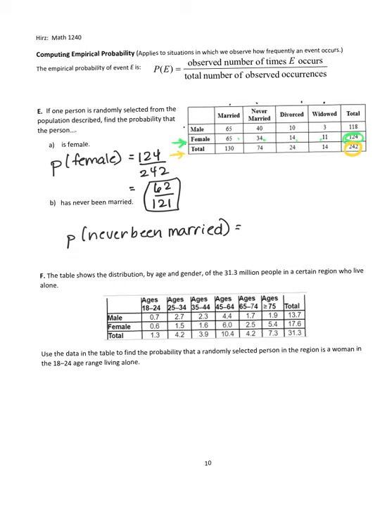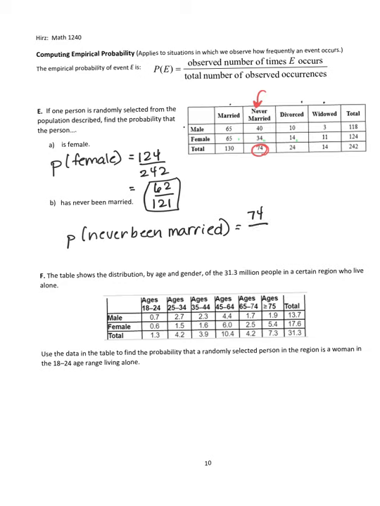Let's get rid of all these. For never married, look at the categories up top. We're looking for the total of never been married, and that's 74.